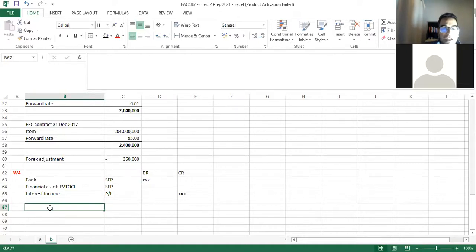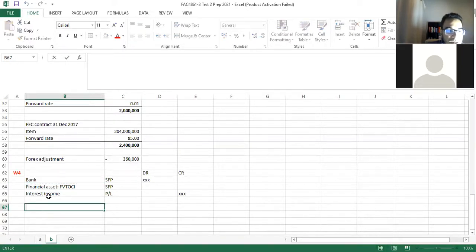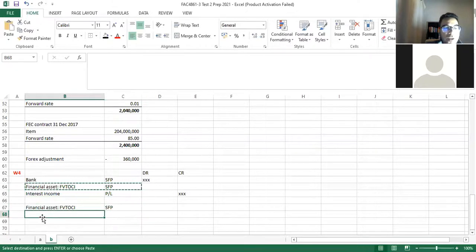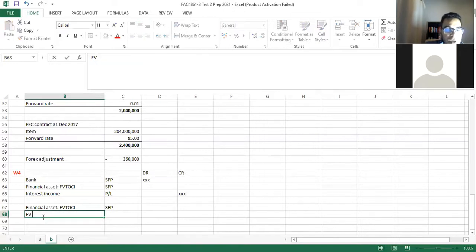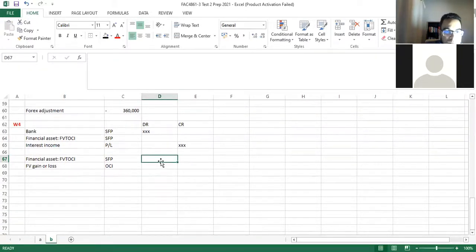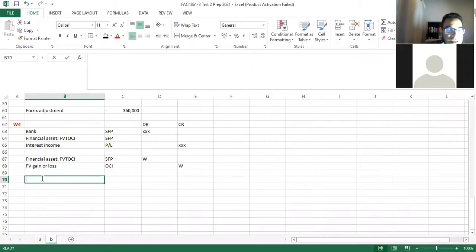The second journal entry will either be a debit or credit to financial asset. And the other part would be fair value gain or loss, depending whether it's a debit or credit. And that fair value gain or loss does not go through profit or loss. It goes through OCI. So the way you get this number is as follows.